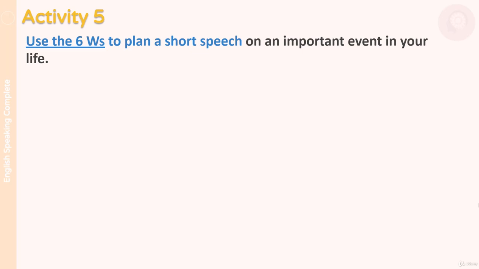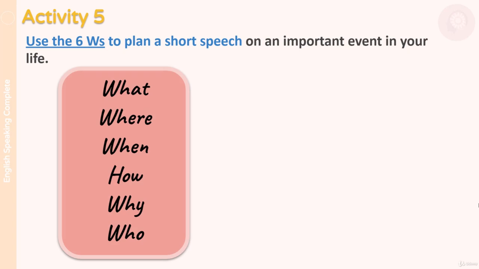And then I'd quite simply like you, you could even go way past the 2 minute stage and do this for 15, 20 minutes. Have the 6 W's with you and then just practice speaking about this event for a few minutes. Then go back, practice speaking about it again. And take on that role of a native English speaker telling a story, describing an event.